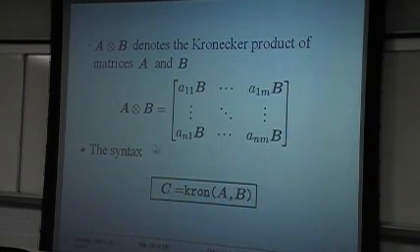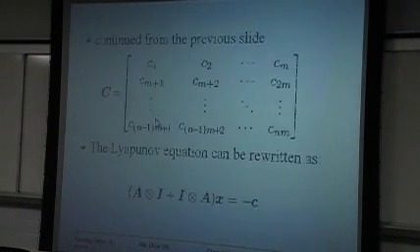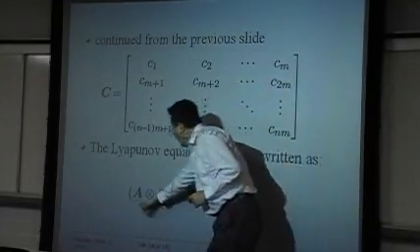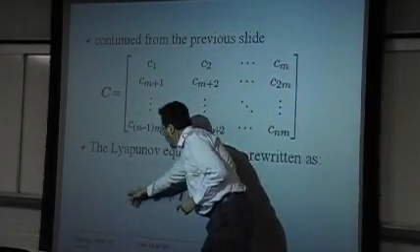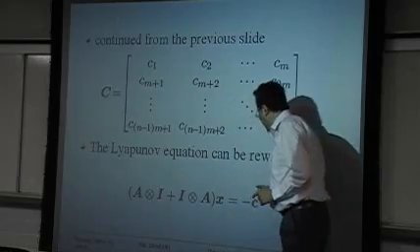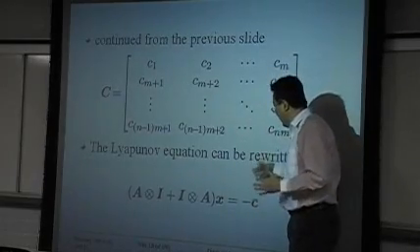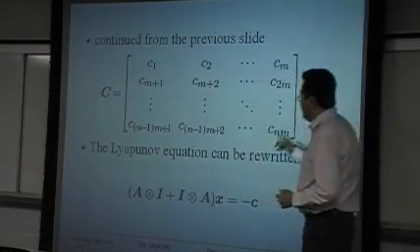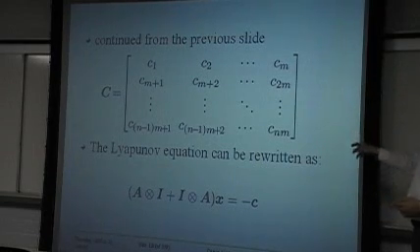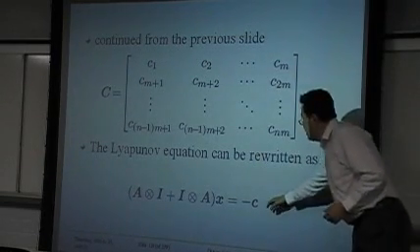And if you know how to perform the Kronecker product of A and B, then the original problem can be transformed into this form. You can recognize this is the matrix, this is the column vector, and this is the matrix. So there is an analytic solution. This is the Ax equals B type of equation, so we can solve that easily.